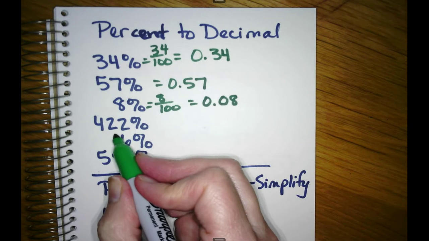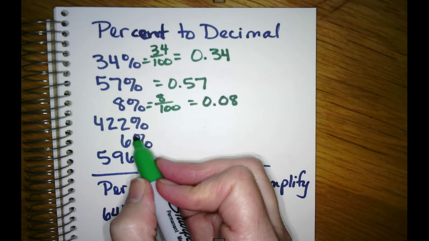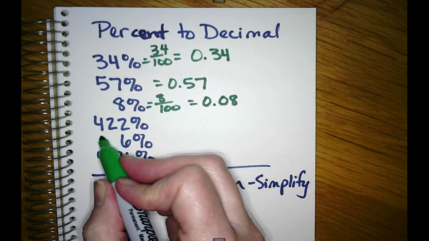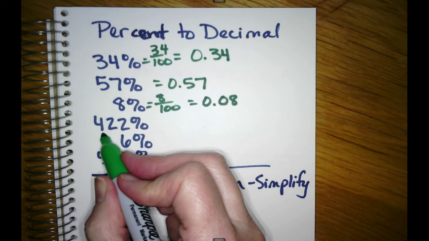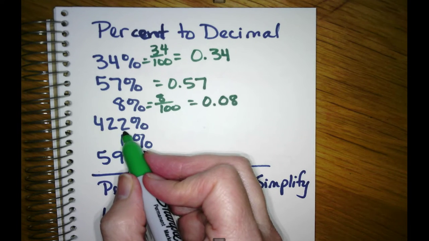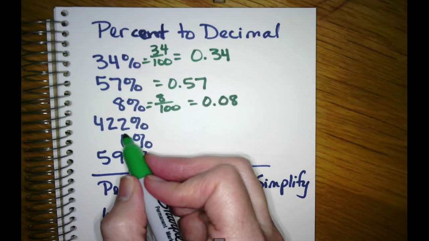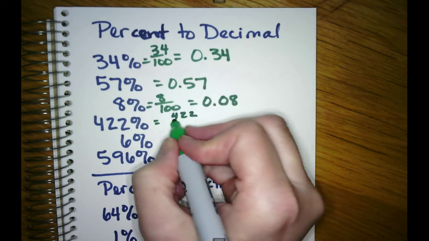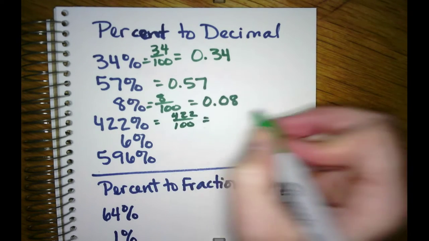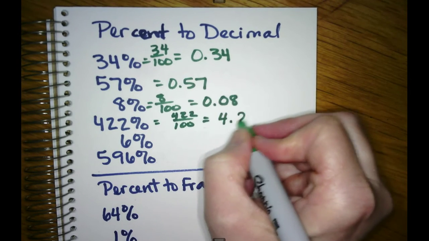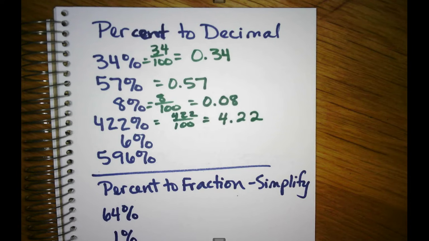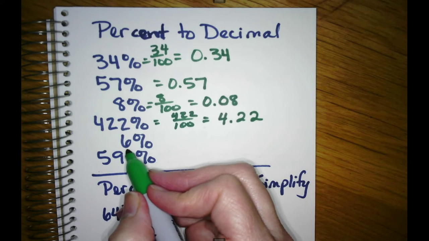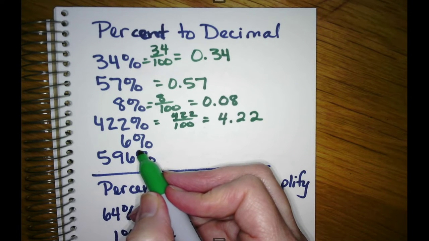The next one is a number that is over 100%. So this is going to be a whole number and a decimal. If our number is over 100%, this would be 422 over 100, or 4.22. The next one, again, we have a one-digit percent.